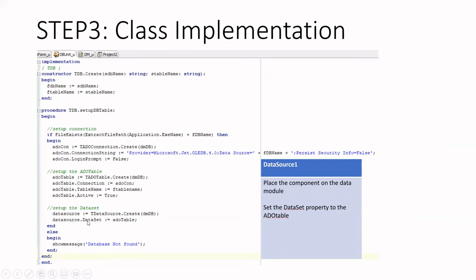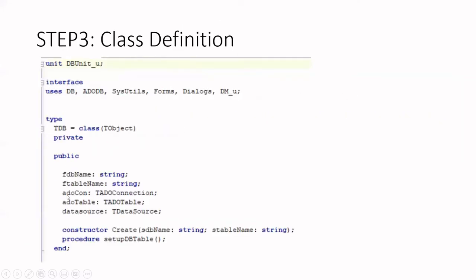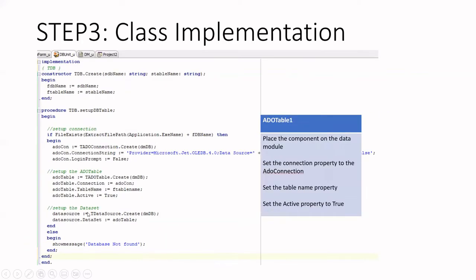And then the data set property for the data source is being set to the ADO table, which was just configured. Keep in mind that data source is my attribute. If I go back and look at my attributes, there it is. I've got my ADO connection, ADO table, and my data source. So that is the data source attribute that I've just configured.